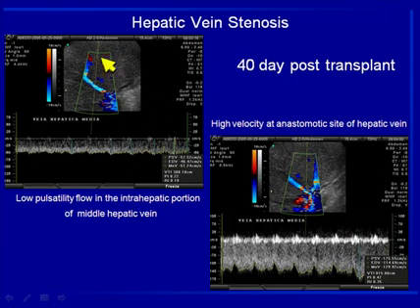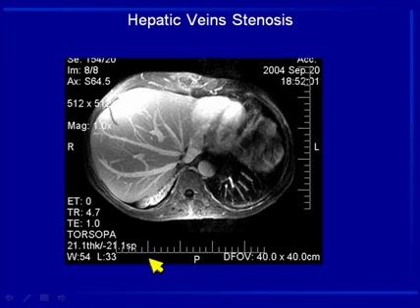In this case, we can identify low pulsatility flow in the intrahepatic portion of the middle hepatic vein here, and high velocity at the anastomotic site of the hepatic vein, almost 200, close to the anastomosis. On the MRI study, we can confirm the findings of the Doppler with strictures in the right, median, and left hepatic veins.